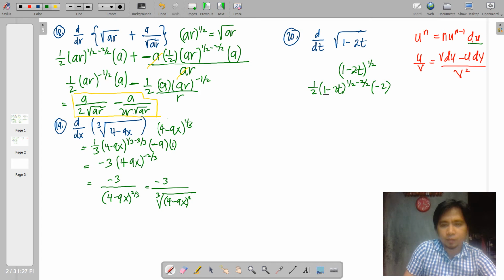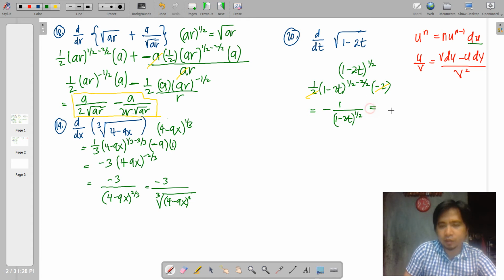As we can see here, we can cancel 2. So what remains in the numerator is negative 1, divided by, of course, it goes down, 1 minus 2t, because we will yield a negative exponent here, that's why it went down.